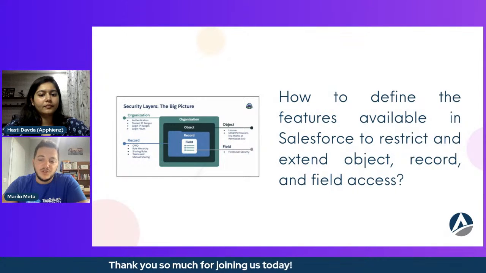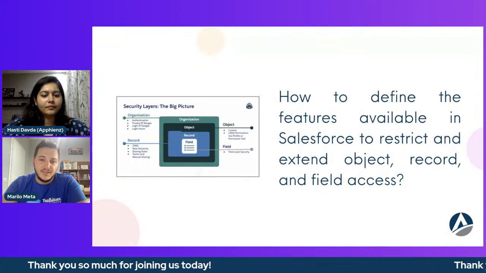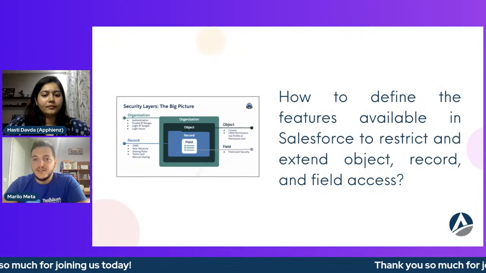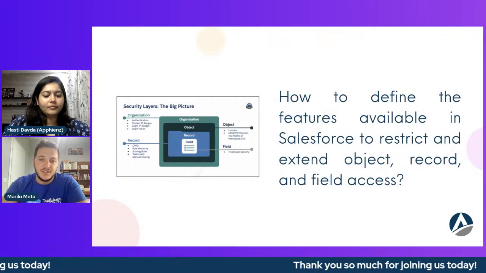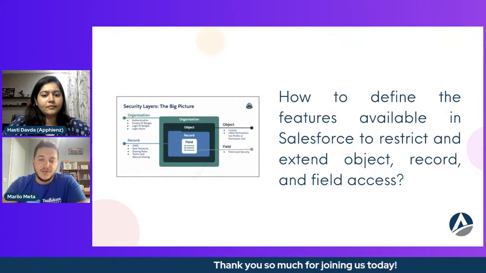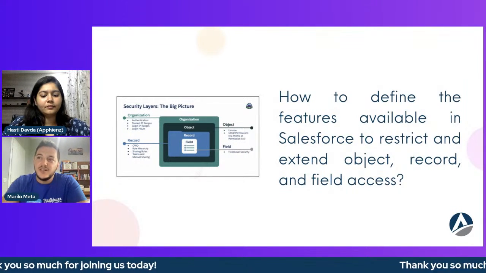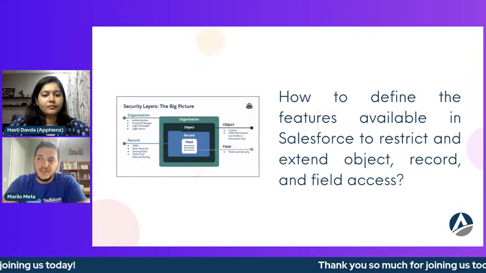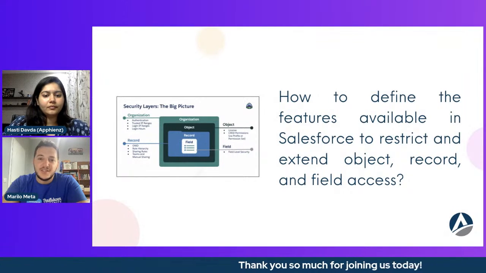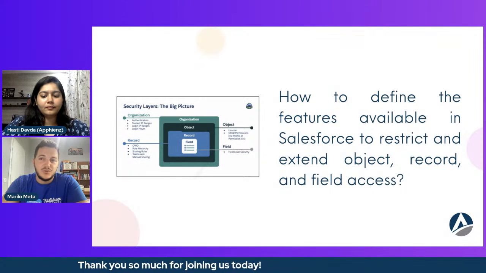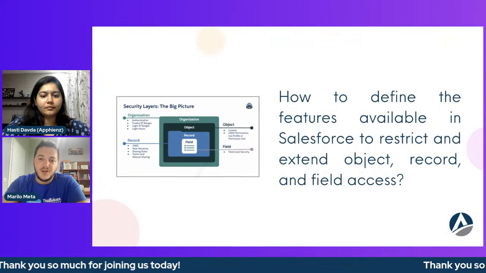So if a user is in the same profile, let's say standard user, but his function in the company requires more access to a different object or a different record, the system administrator adds this access through permission set. Permission set is only to add access, not to restrict access.